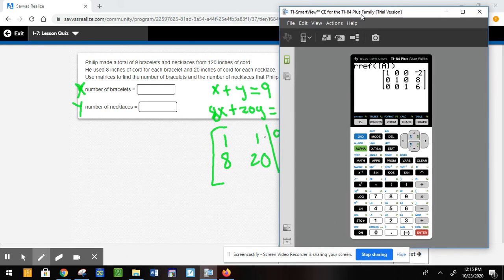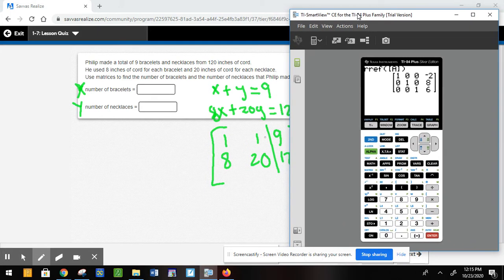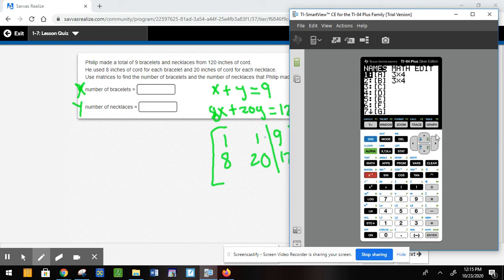All right, so we'll do second matrix. We'll just use the A one again. Notice the dimensions are different now. It's a 2 by 3. Okay, and then the numbers go 1, 1, 9.